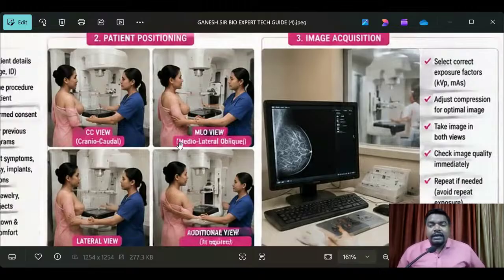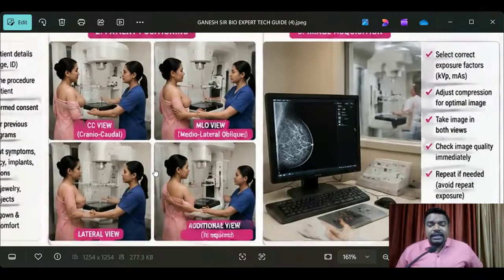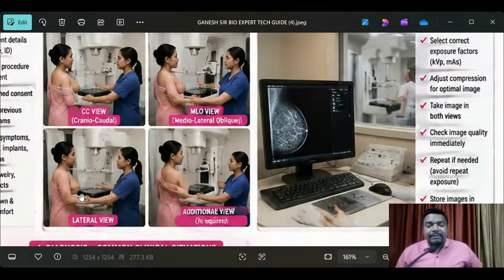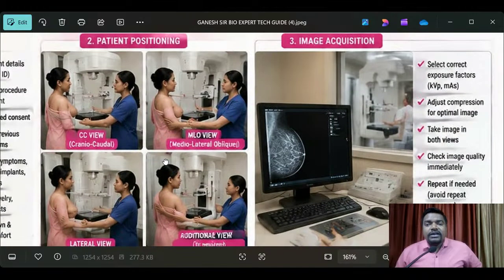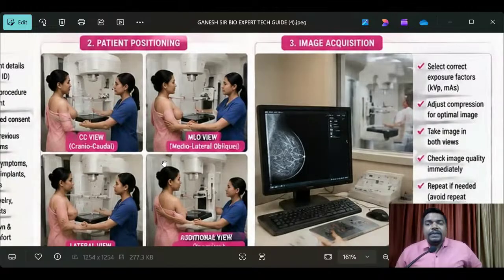Next, MLO view, mediolateral oblique. They want to diagnose whatever issues they have in the breast. Now see the lateral view, how they are keeping it, and these are the additional views. I hope you got it on the third page, patient positioning.